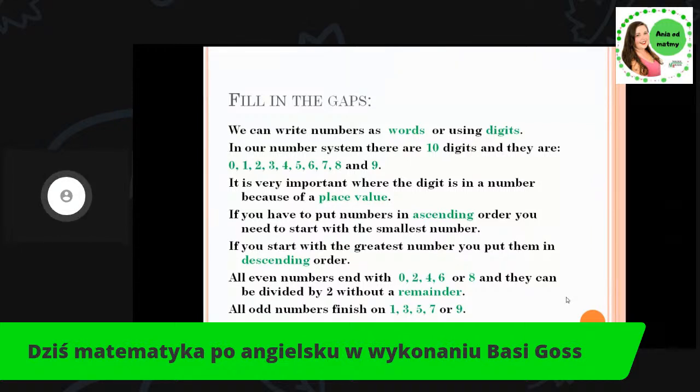It is very important where the digit is in a number because of a place value. If you have to put numbers in ascending order, you need to start with the smallest number. If you start with the greatest number, you put them in descending order.